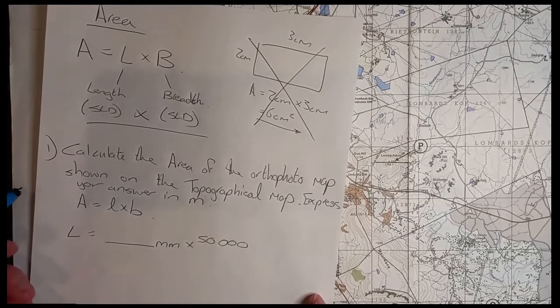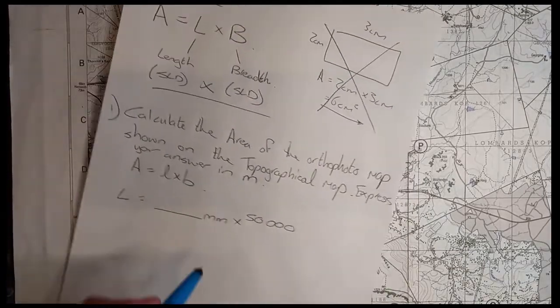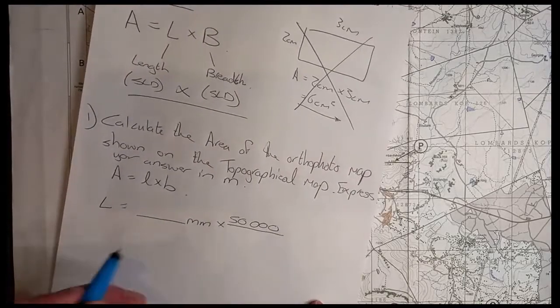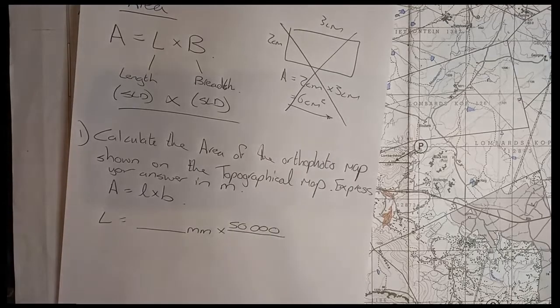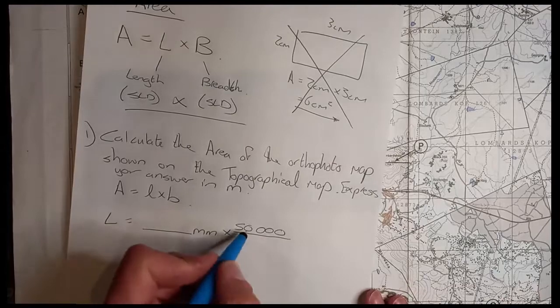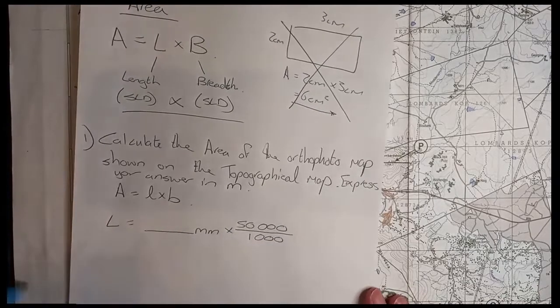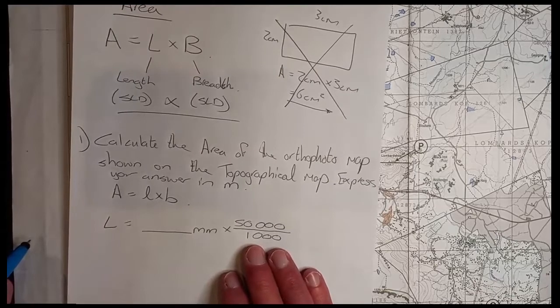So we did kilometers and it was divided by 1,000,000. Now we're going to do meters. So now that I know what it's expressed in, I'm going to divide by, using that scale that we did previously in the video, going from millimeters to centimeters to meters to kilometers, I'm going to divide by 1,000. There are 1,000 millimeters in 1 meter.